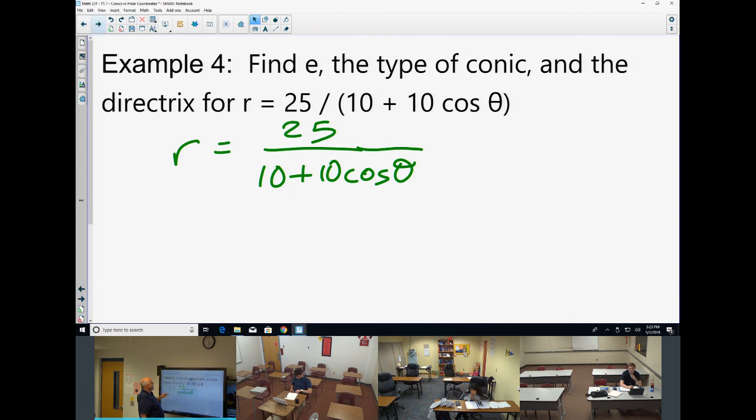So what we mean by that is here, it says find E, the type of conic and the directrix for 25 divided by 10 plus 10 cosine theta.